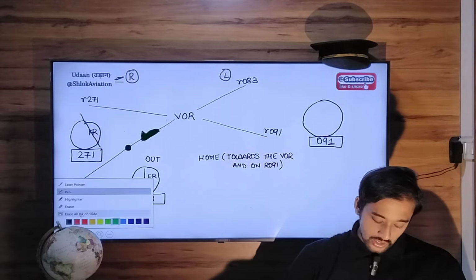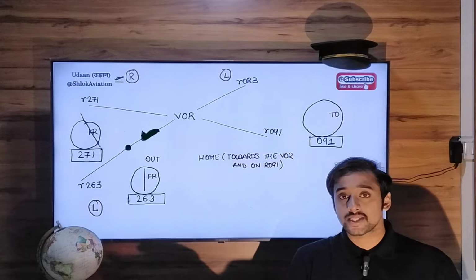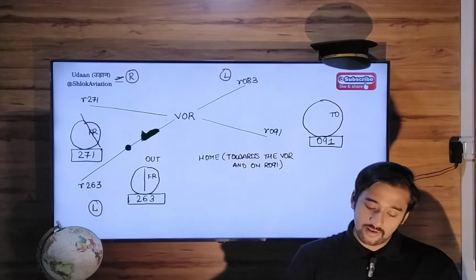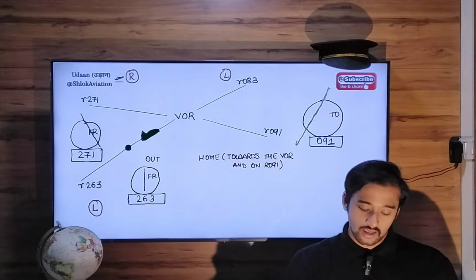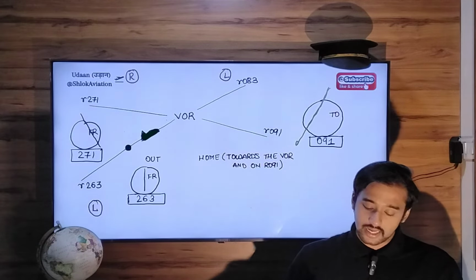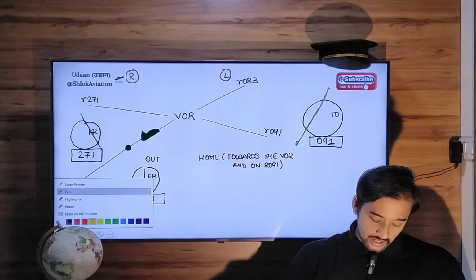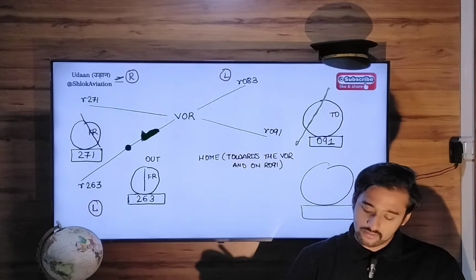So he will get a TO indication. And what will the CDI needle show? The CDI needle will move to the left hand side. Why left hand side? Before discussing that, let's say the pilot had put radial 083.